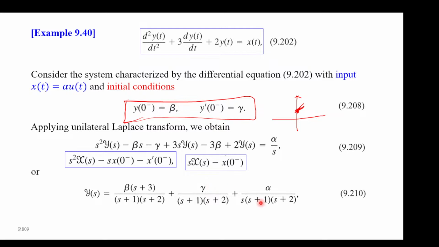So everything is alpha over s plus gamma plus beta times s plus 3, and everything is divided by s plus 1 times s plus 2, which is equal to s squared plus 3s plus 2. Let's write that down. Okay. So s plus 1, s plus 2 equals s squared plus 3s plus 2.